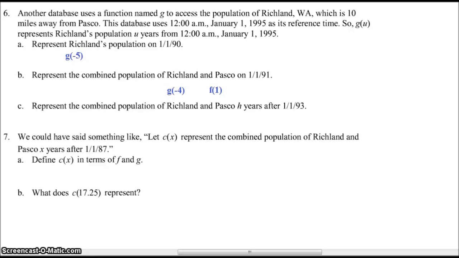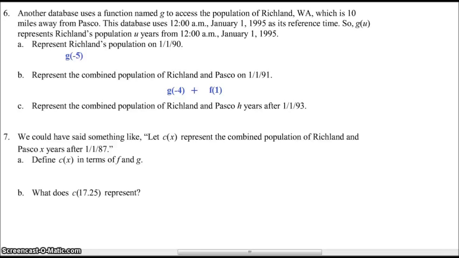Now, we want the combined population of Richland and Pasco on that date, so we simply take the population of Richland and add it to the population of Pasco. G of -4 plus f of 1. That's the combined population of Richland and Pasco on January 1st, 1991.